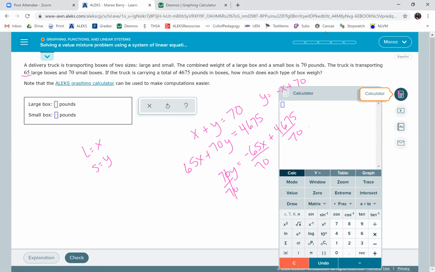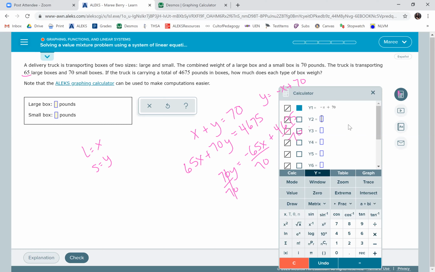I'm going to go to Y equals. So that's right here. Do you see the Y equals right here? Okay, I've never used this calculator before. There we go. So my first one is negative X plus 70.